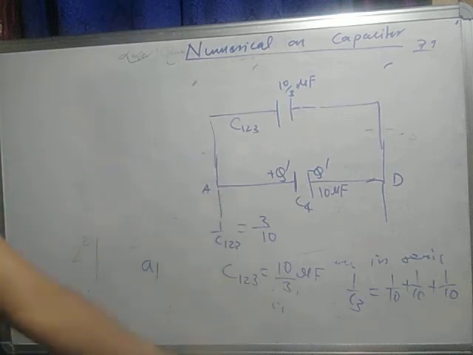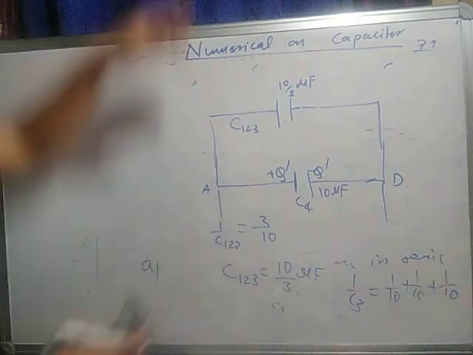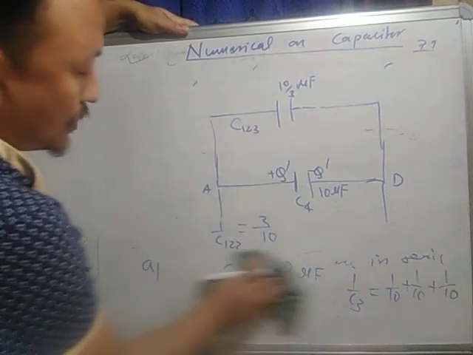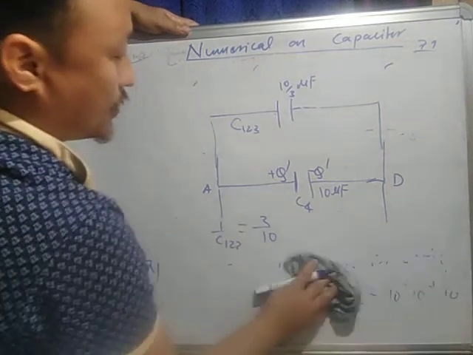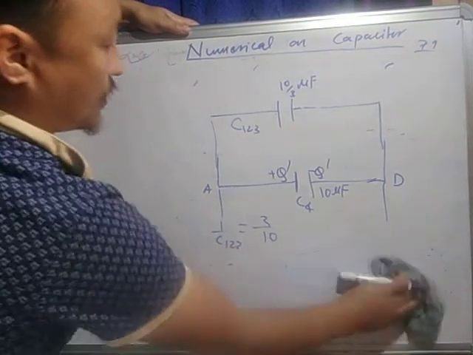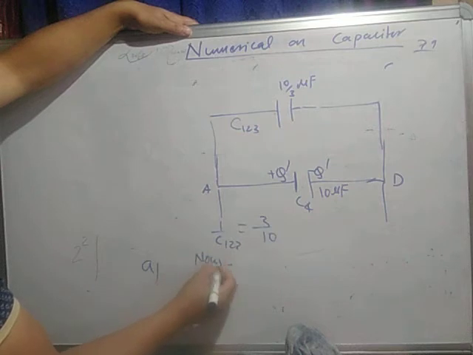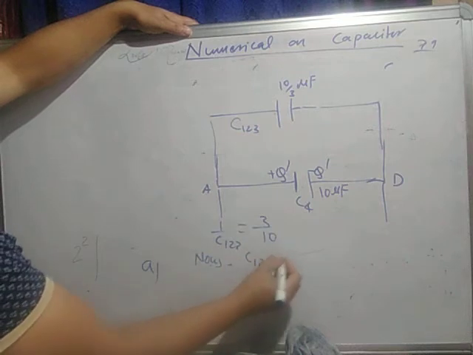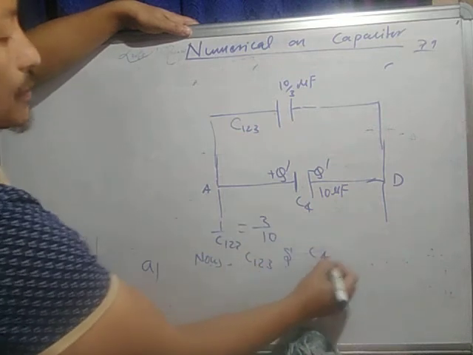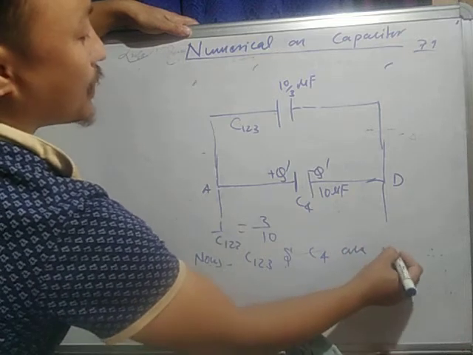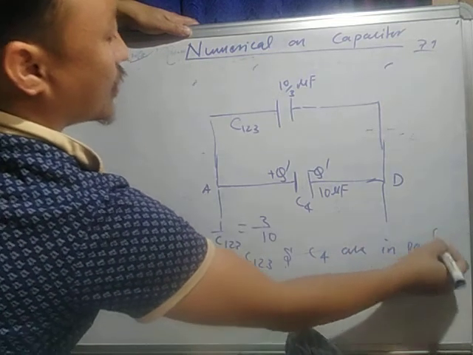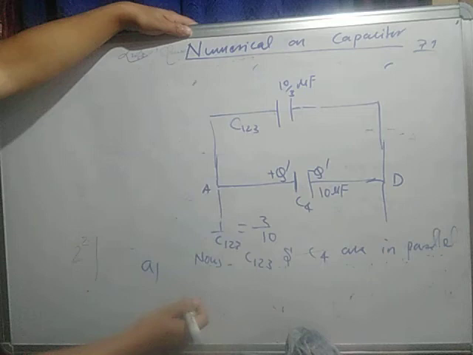So they are in parallel. Now write down, C1, 2, 3 and C4 are in parallel. So easily you can find this one.